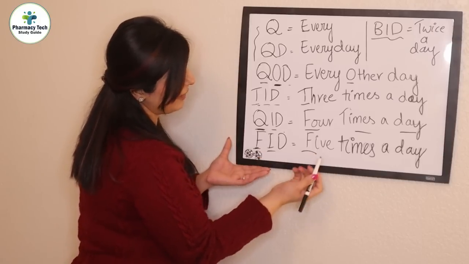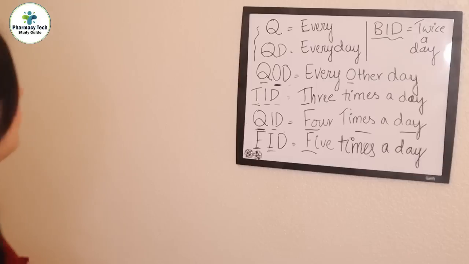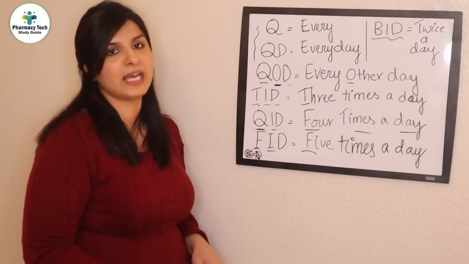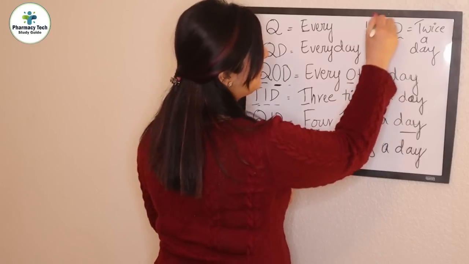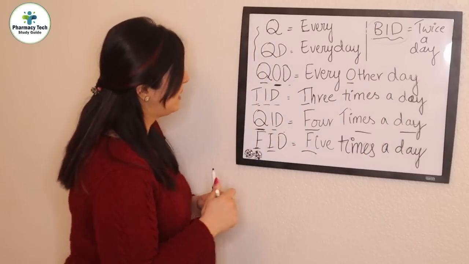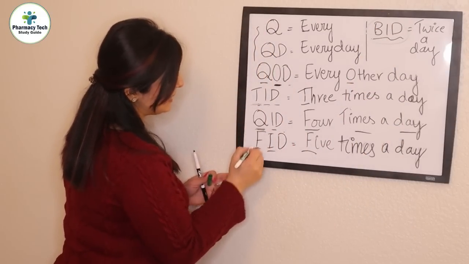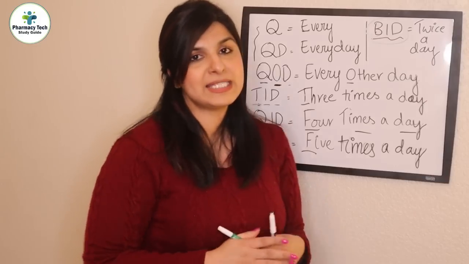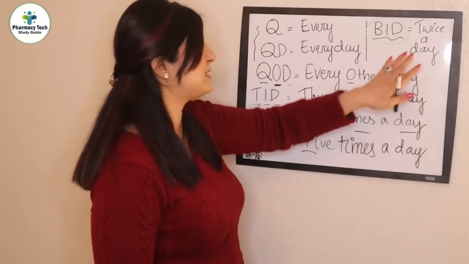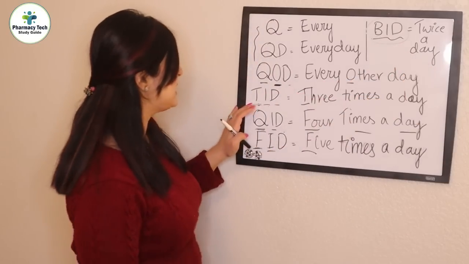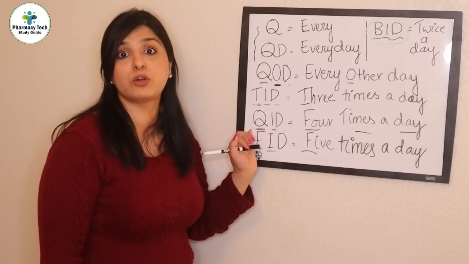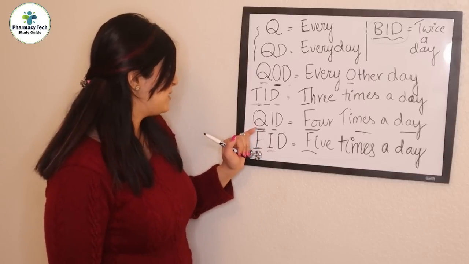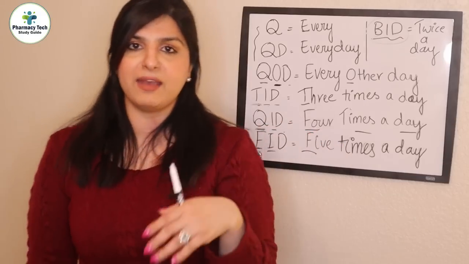F for 5, so 5 times a day. So off this list, some of them you really have to remember, like BID, which is twice a day, then TID, QID, and FID get easier to remember. If BID is twice a day, TID would be 3 times a day, QID, Q for quadruple, would be 4 times a day, F for 5, that would be 5 times a day.